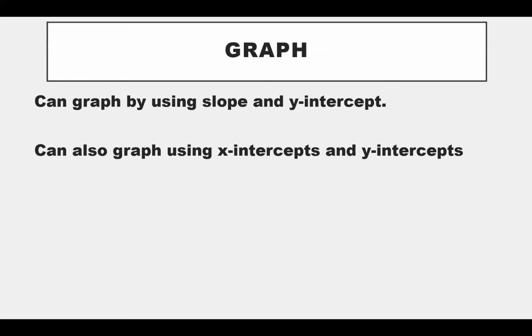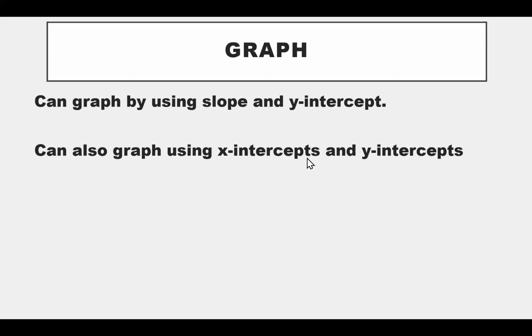So obviously, we've already graphed by plotting a bunch of points. We've also graphed by using the slope and the y-intercept. But another way to graph is by looking at the x-intercepts and the y-intercepts.